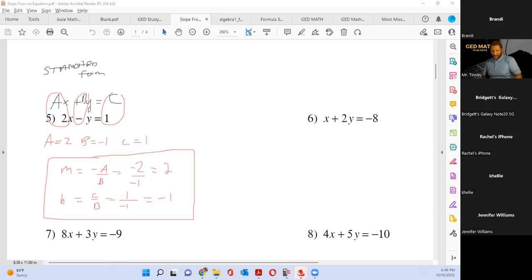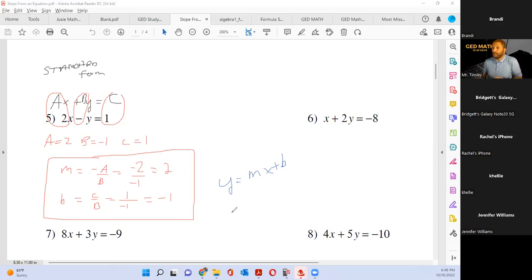So this is standard form. But what if I want to write this equation in slope-intercept form? y equals... What's my slope?